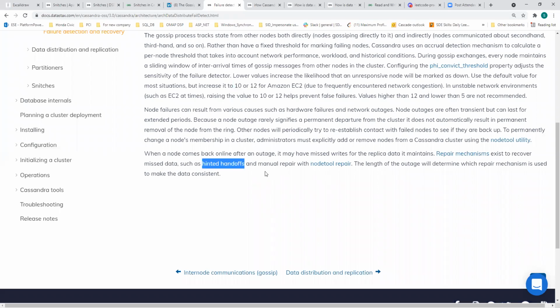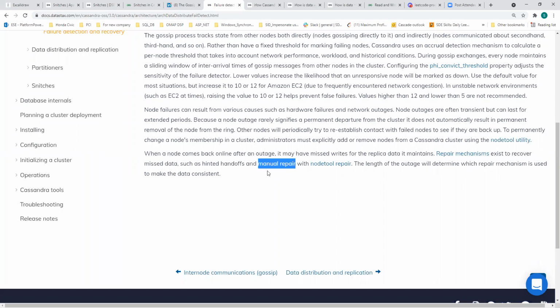But if the outage was longer, you use a different mechanism like a manual repair, because the hinted handoff we discussed last time keeps data only based on some time window. If we keep too much data in a hinted handoff in a coordinator node, it is going to be overwritten, and we don't want to keep more data there, because that will hurt responsiveness.